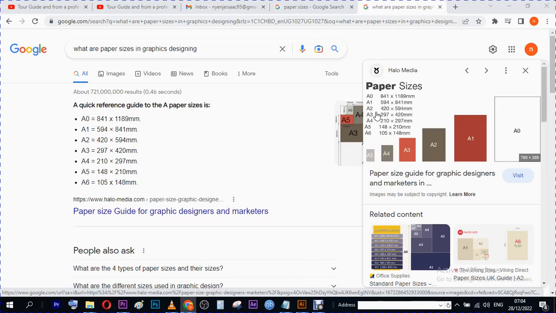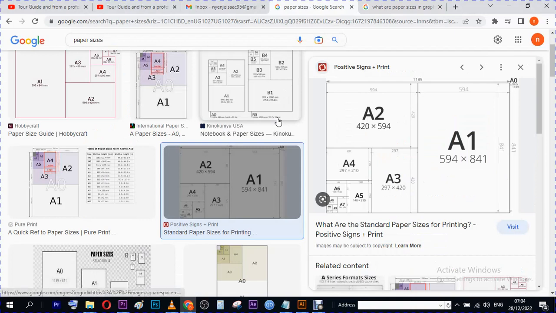Because when we get to designing inside the software, we are going to be saying that we want to design an A4 poster, an A4 brochure, or an A1 brochure or poster. Are you getting it? If you didn't understand paper sizes, it will end up confusing you. The same applies to Photoshop.